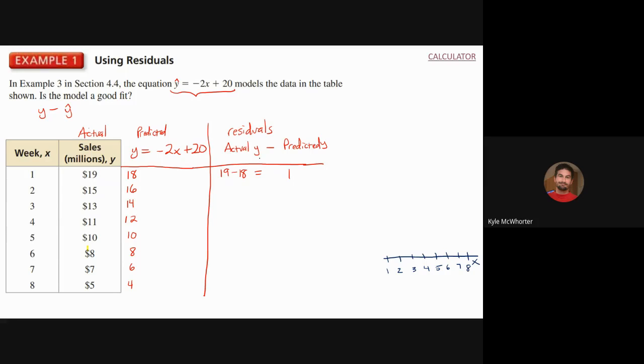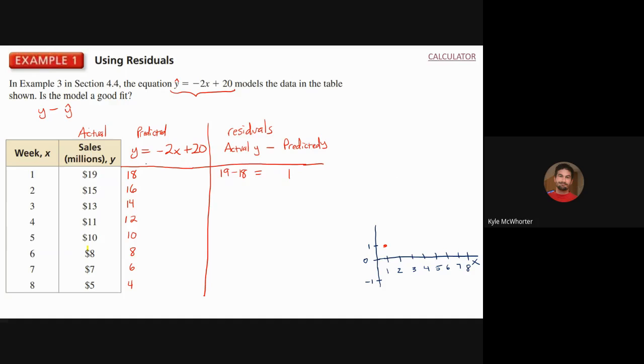And when x was 1, our residual was 1. So I'll put a dot 1 unit up. I'll make a y-axis too. Okay, so we've got a residual of 1 for the first one, and my dot disappeared, so I'll make it again.